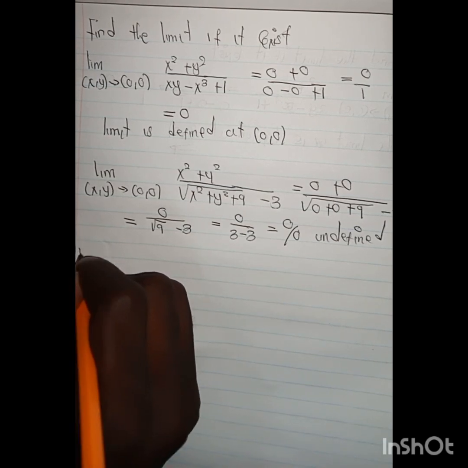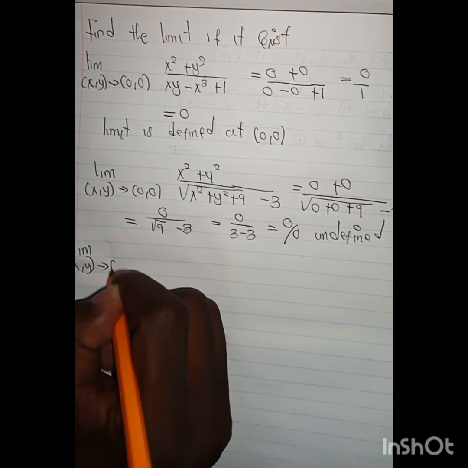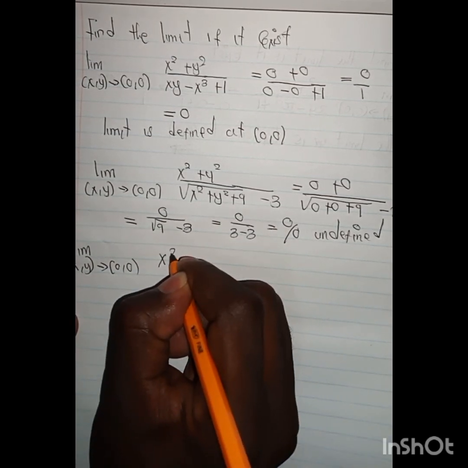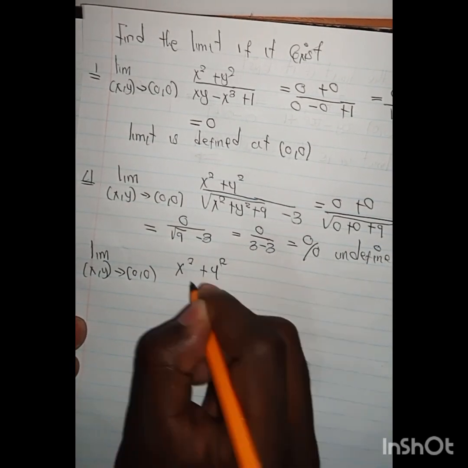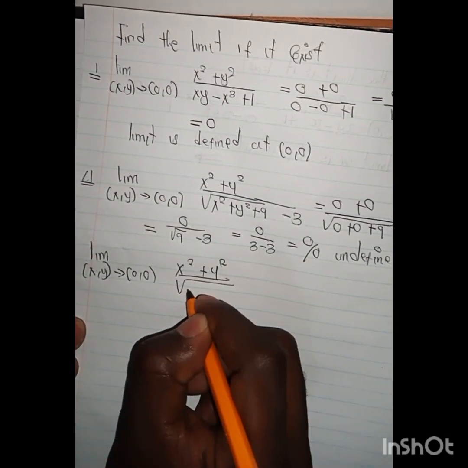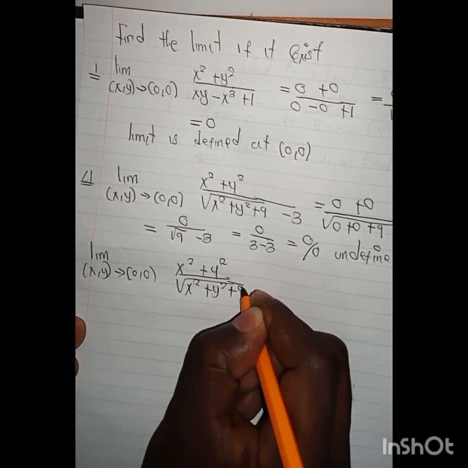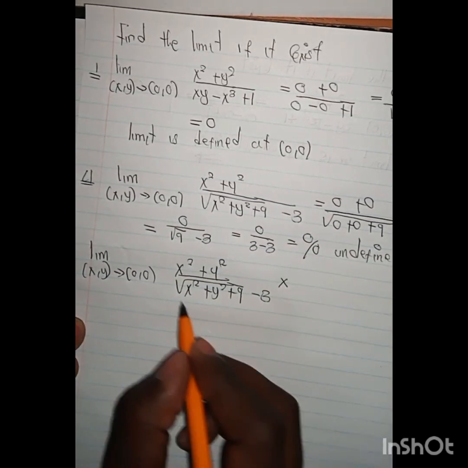So it means we'll have the limit xy approaches 0 and 0 of x squared plus y squared over the square root of x squared plus y squared plus 9 minus 3. Then now we multiply by the conjugate.